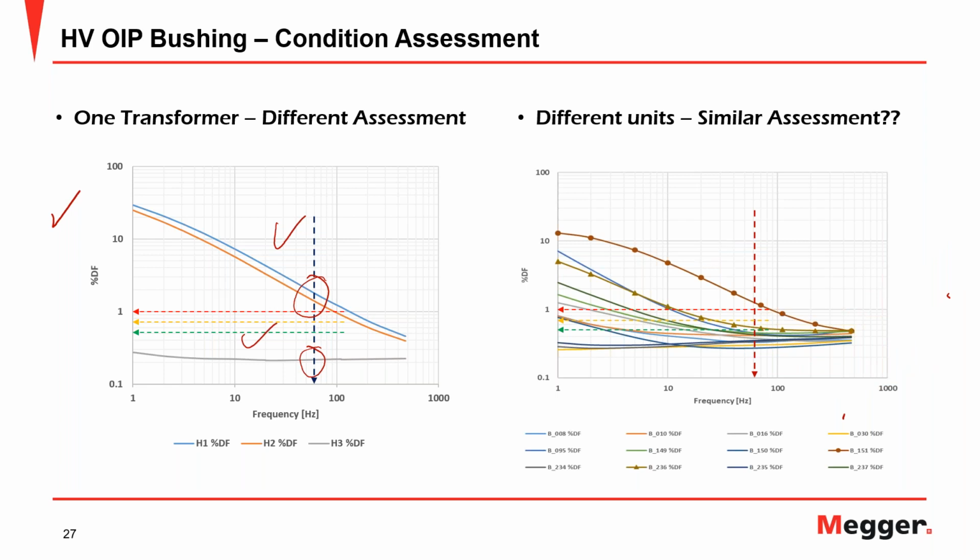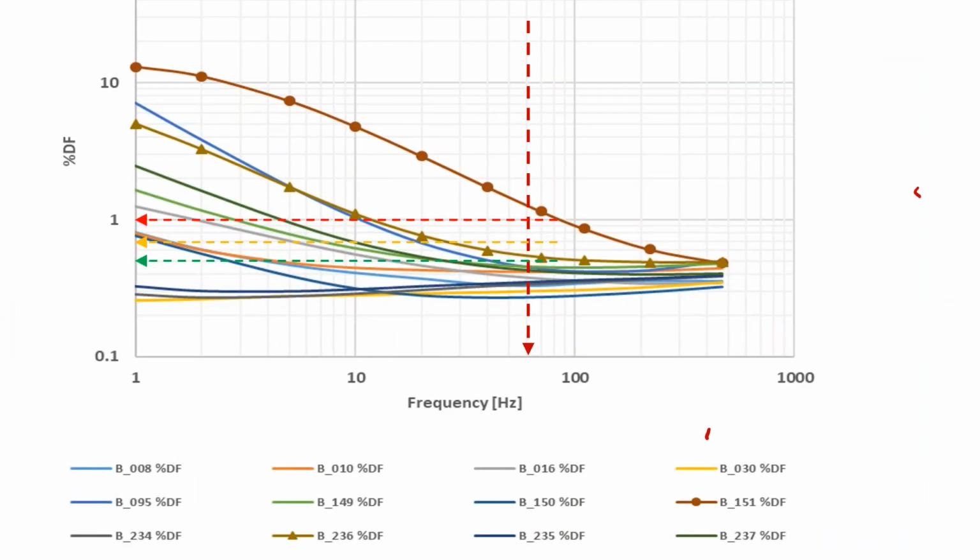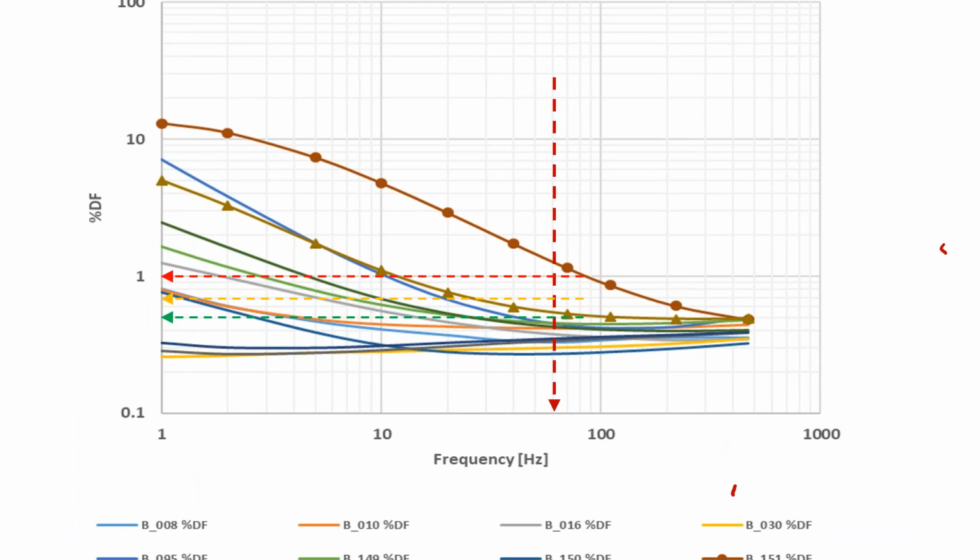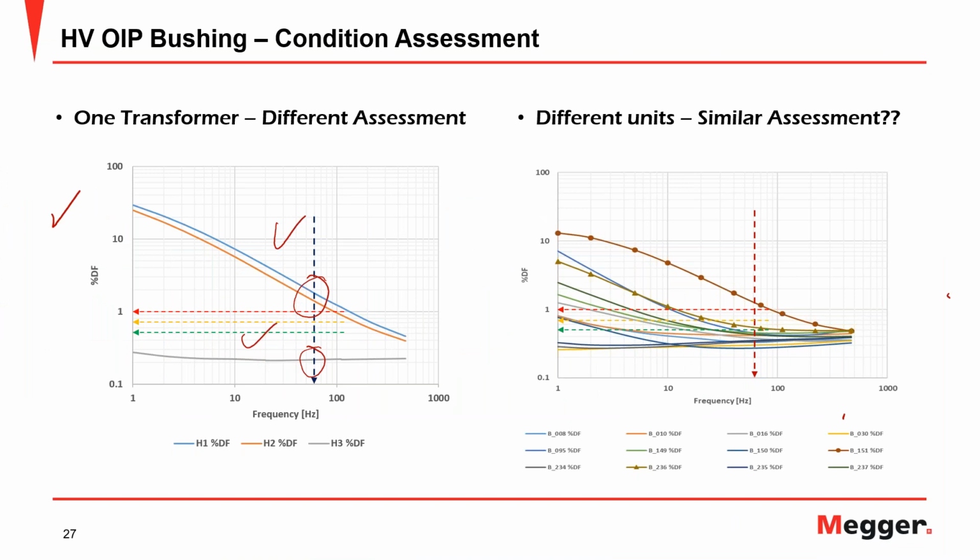Let me just erase this a little bit here, okay? You can barely see any differences, okay? It's more or less the same values between 0.26 to 0.5, but you can clearly see the discrepancy that you have at 1 Hertz.